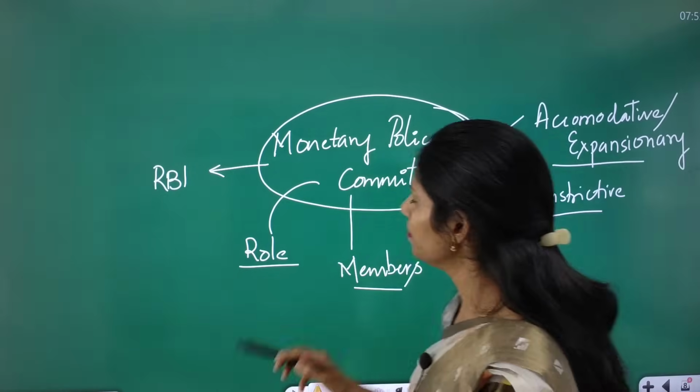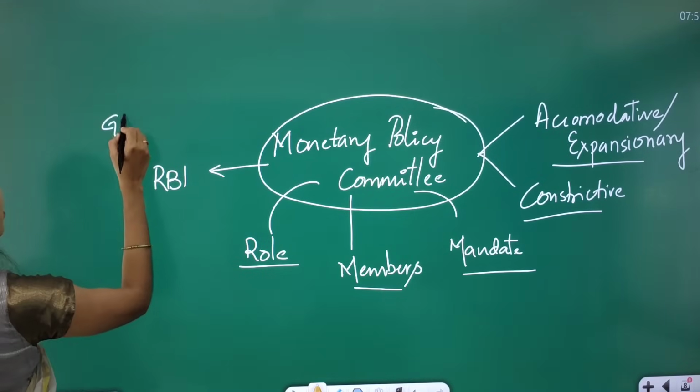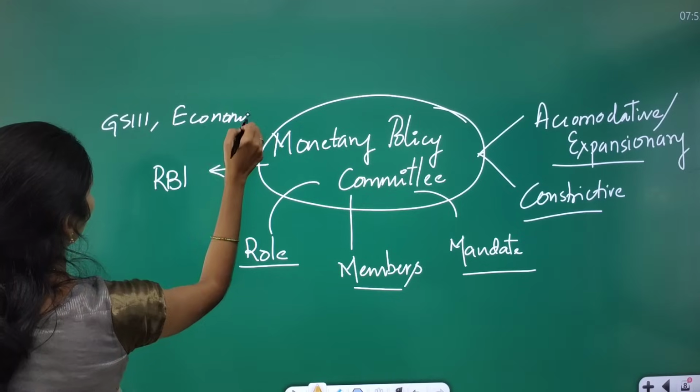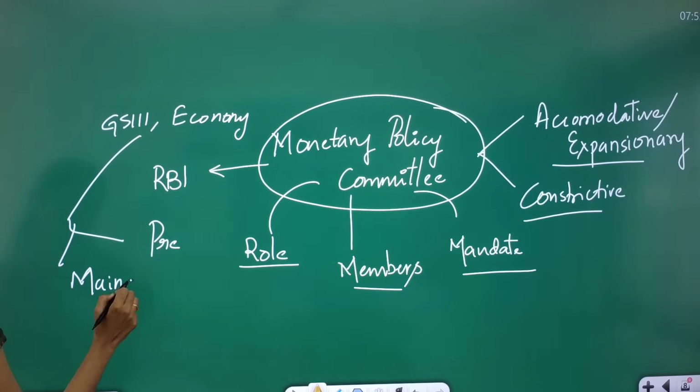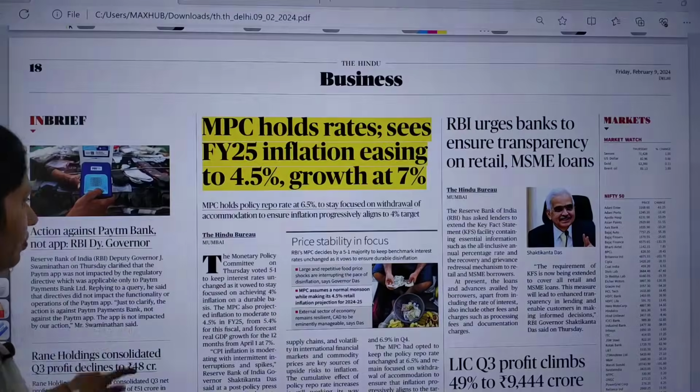So these are the very important dimensions that you have to think about. This article is important for GS Paper 3 under economy, and you can expect both prelims and mains questions. These are the very important dimensions that you have to know.